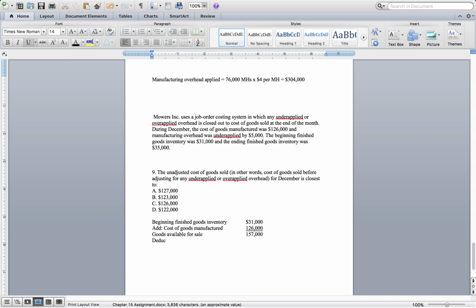Next part, you want to deduct the ending finished goods inventory, which is $35,000. Then you can stop here. This will give you your unadjusted cost of goods sold, which is $122,000. So it's going to be answer D.